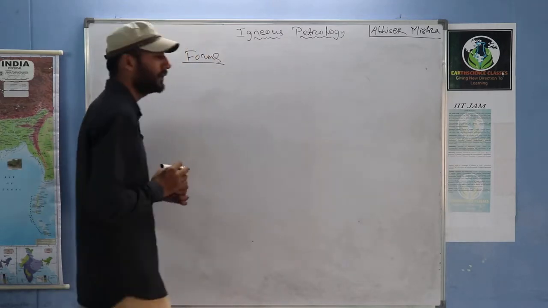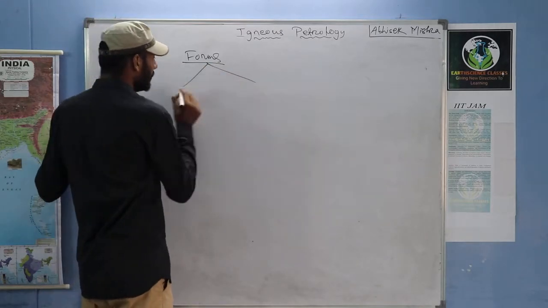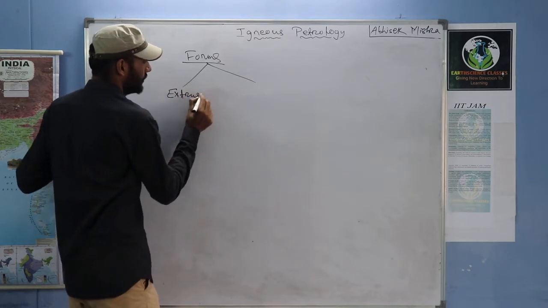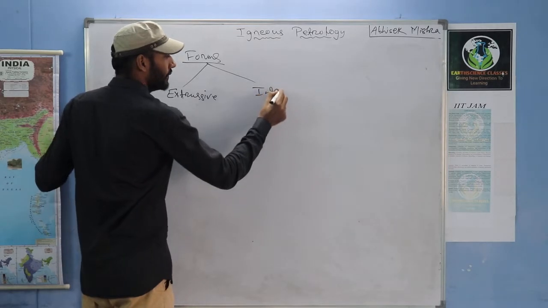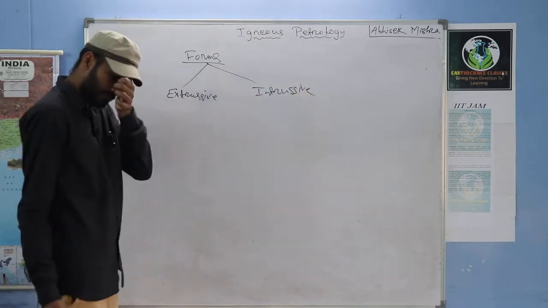So what are the different forms? The igneous rock can be divided into two forms: extrusive and intrusive. Extrusive rocks and intrusive rocks.